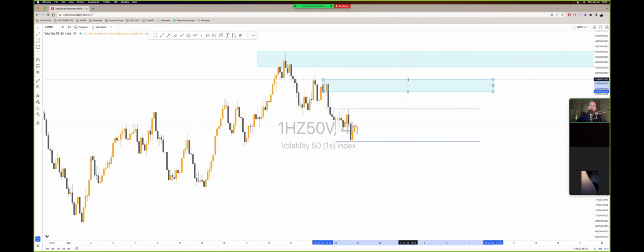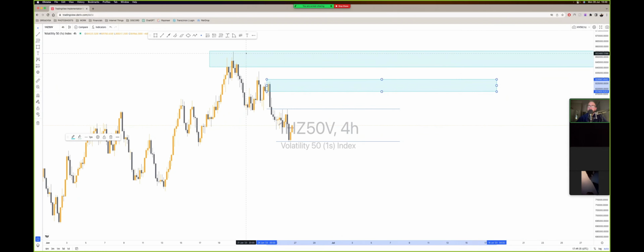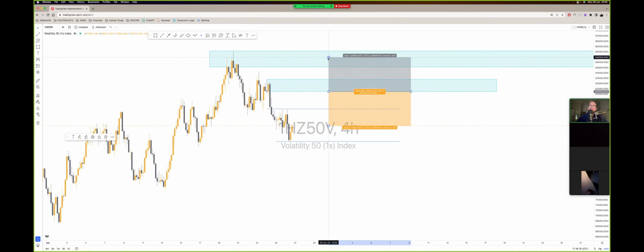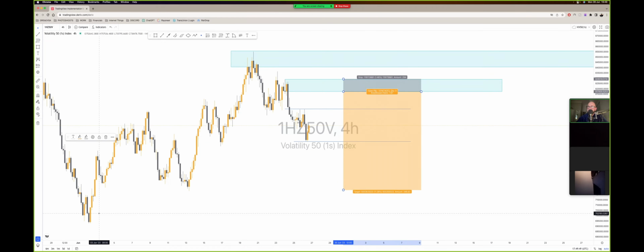So don't take this if you do not have big capital or just sufficient capital. Yeah, that's what I recommend. You can look at something like this, and then you can target this one as a 1, 2, 3, or you can target, where are these lows right here, so just above that on 51s.